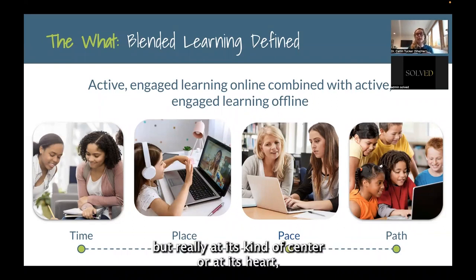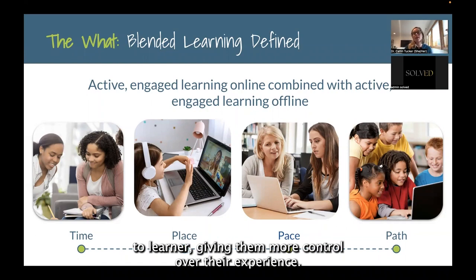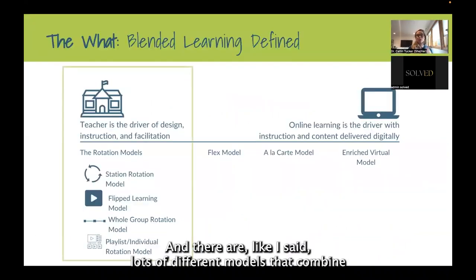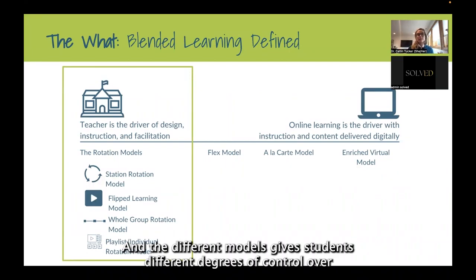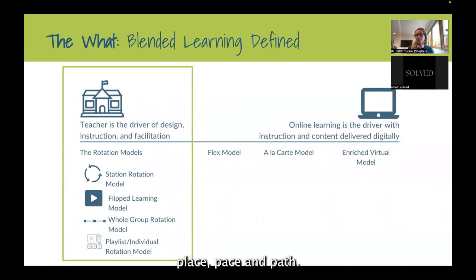But really at its heart, blended learning is trying to shift control from teacher to learner, giving them more control over their experience. And there are, like I said, lots of different models that combine active engaged learning online and offline. And the different models give students different degrees of control over these 4 elements of their learning: time, place, pace, and path.